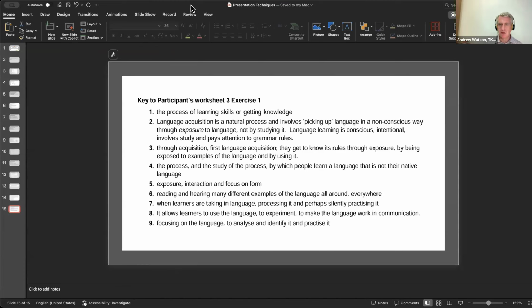Silent period: learners taking in language, processing it, and perhaps even silently practicing it, like mouthing the words. It allows learners to use the language. Why is interaction important? To experiment, to make it work in communication.